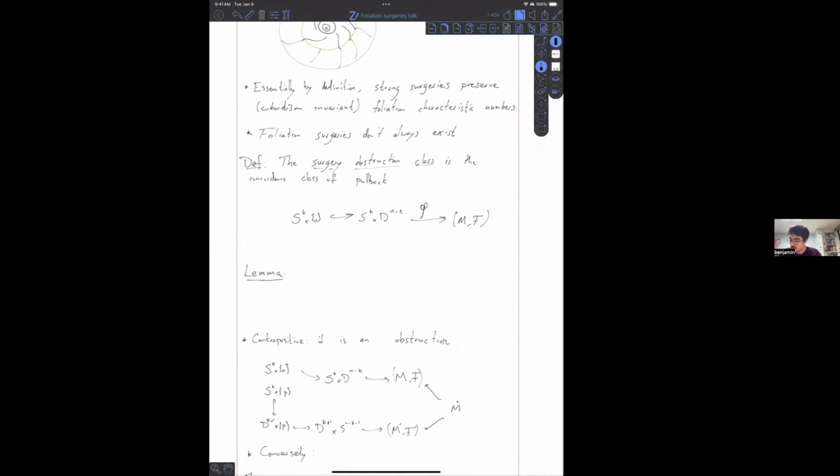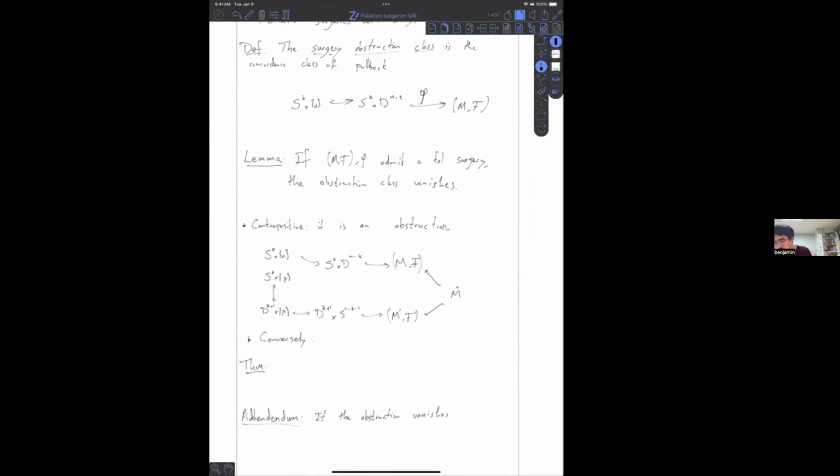The point being that if M_F and phi admit a foliation surgery, the obstruction class vanishes, so the concordance class is trivial. And of course the contrapositive is that if the concordance class doesn't vanish, then there isn't a foliation surgery. So it's an obstruction.